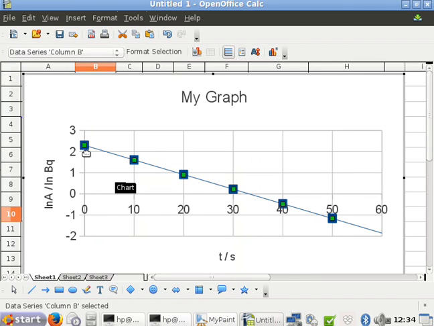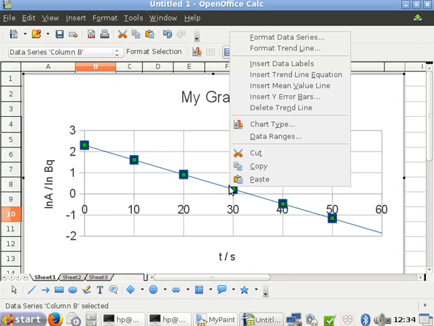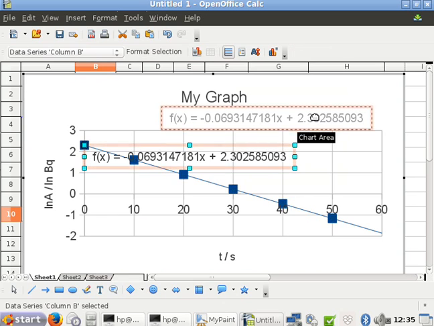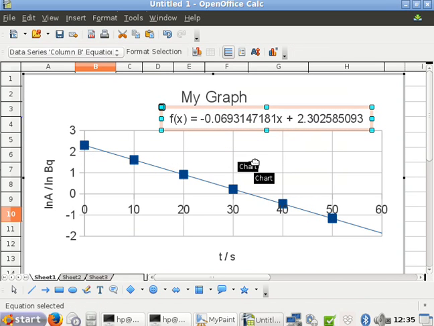Okay, so we have to get the slope, but I can see from looking at it, the slope looks roughly like 2.2 over 30, something like this. But the program can actually get it for me exactly, if I get the equation here. So the slope is minus 0.069.